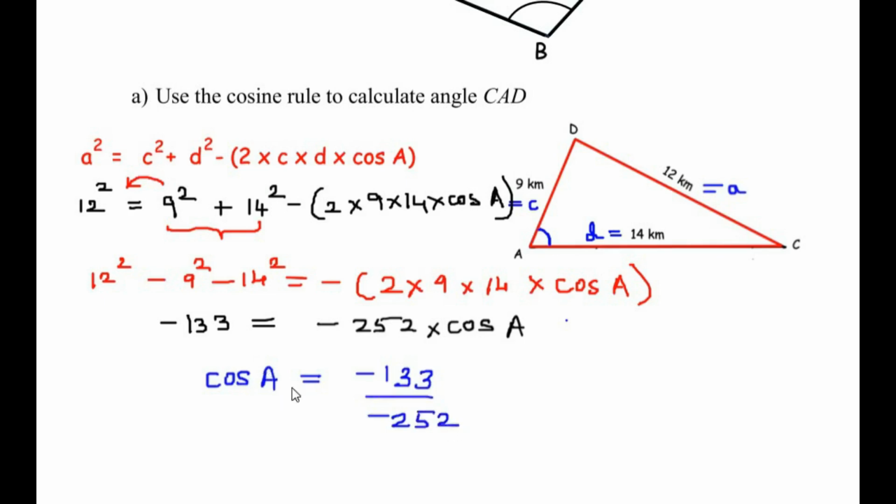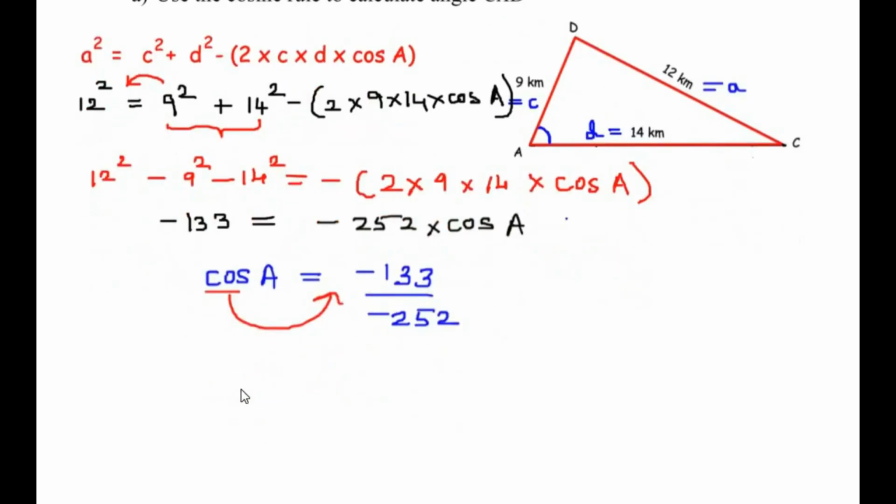Now we have to find the angle A. So we are going to take the cos to the other side of the equal to sign, so it turns to be arc cos or cos inverse. So we can write angle A is equal to cos inverse of minus 133 over minus 252.